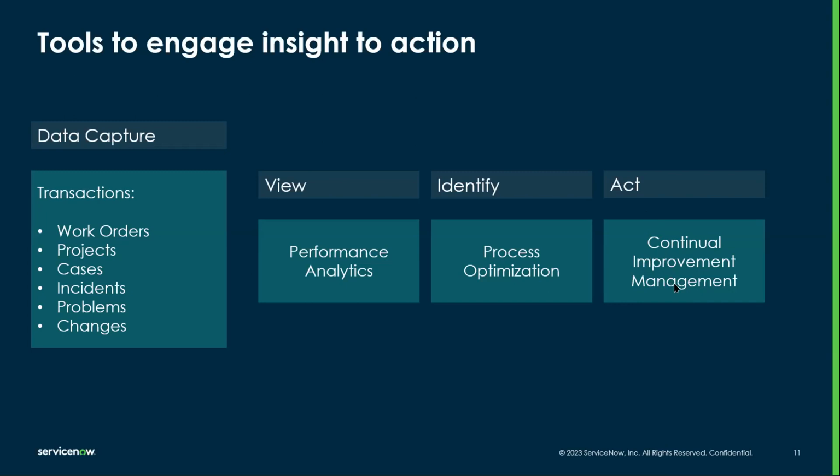And we have continual improvement management, which is a really strong connection from process optimization, right? This allows you to see what's going on, but you're not actually able to act on that data. How do you actually take that data that you've finally uncovered what's going on and say, well, we need to fix, right? Continual improvement management is that connection to allow you to actually do that fix.